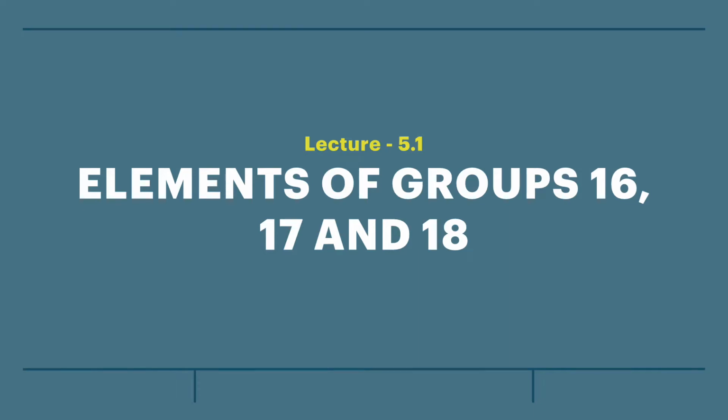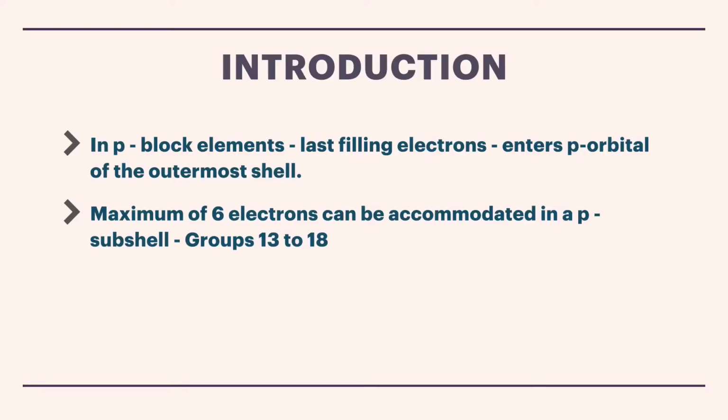Okay, so to begin with, in p block elements, the last electron enters the p orbital of the outermost shell. Therefore we call that thing as what? P block element. Similar to s block element, when the last electron enters the s orbital we call it an s block element. So similarly over here, when the last electron enters the p orbital, we call it a p block element.